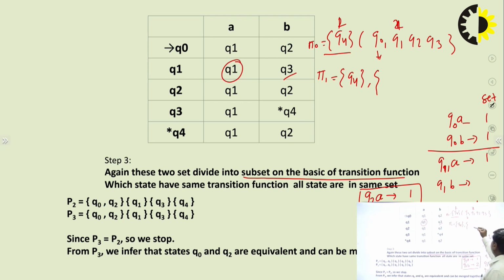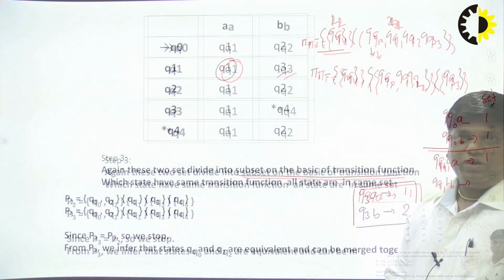It means Q0, Q1 and Q2 have the same transition function, so they lie in the same set, and Q3 has a different transition function, so it lies in a different set.